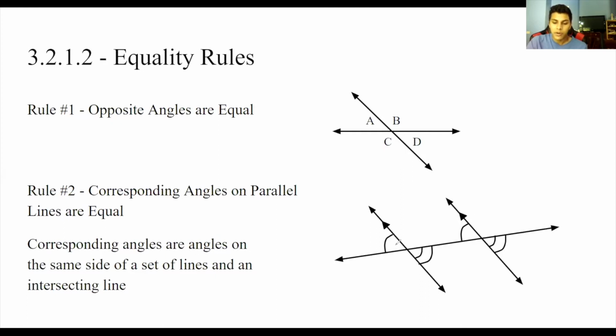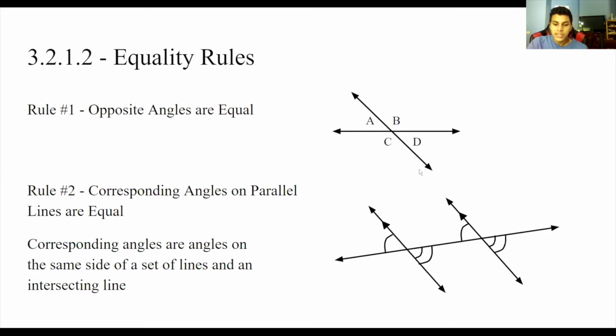And from this intersecting line and these parallel lines, corresponding angles are created. So some examples of corresponding angles here are these two angles and these two angles. And we know that they're equal because they have the same amount of arcs around the angle center. So this is an arc. So if I drew 3 arcs like this, it would mean that this angle and this angle are equal.